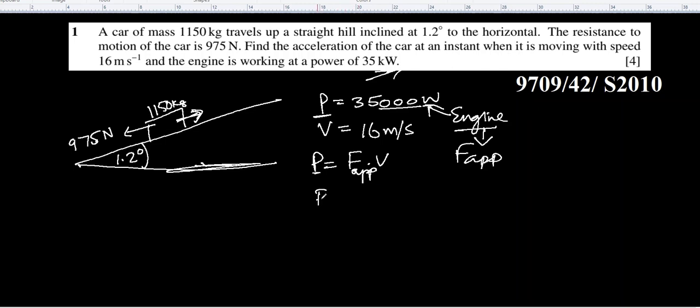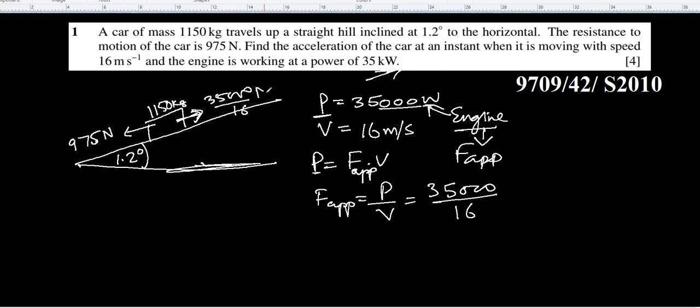So the applied force is power divided by speed. Power is 35,000 and speed is 16 meters per second. I will calculate that later, but I can write it here: 35,000 divided by 16 Newton is the force being applied by the engine.